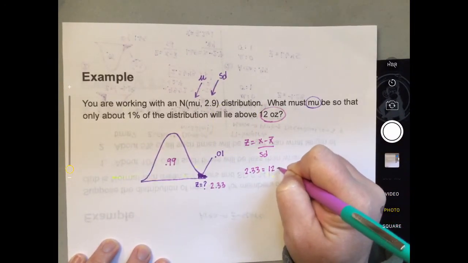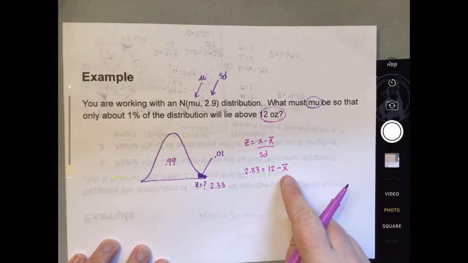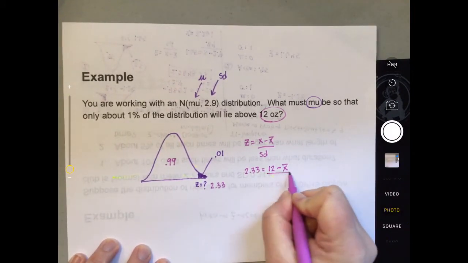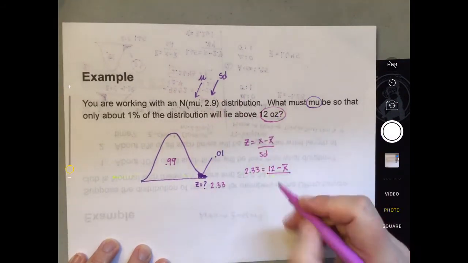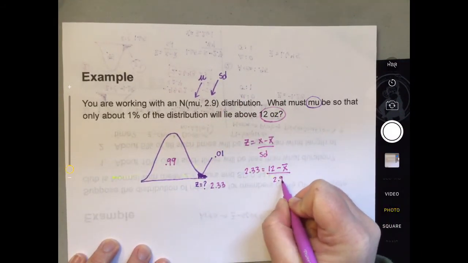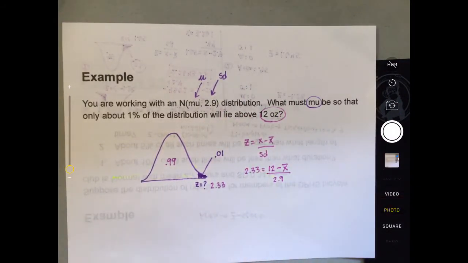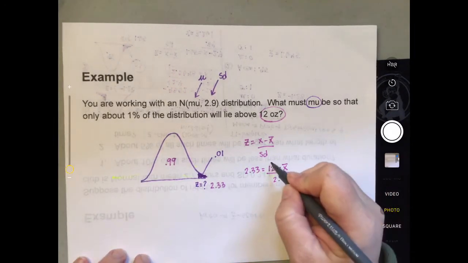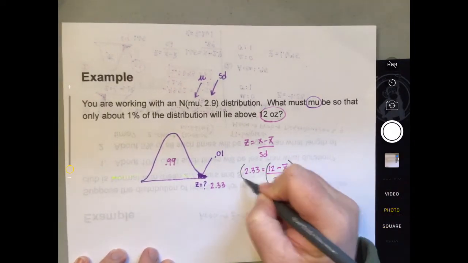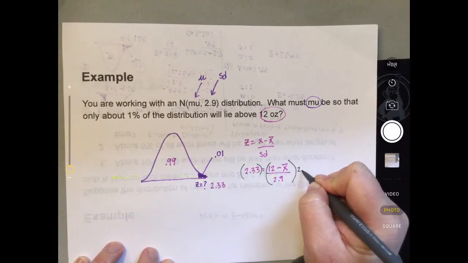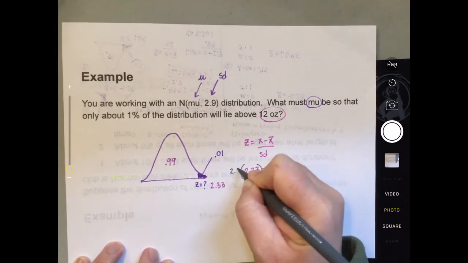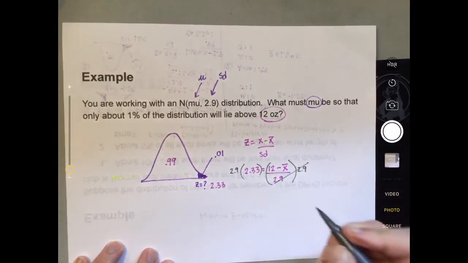But now we don't know mu. We don't know the mean. So that's what I'm going to be looking for. Divided by, we do know that the standard deviation is 2.9. So again, I'm going to use algebra so we can solve for mu. I'm going to multiply both sides by 2.9 to get rid of this 2.9.